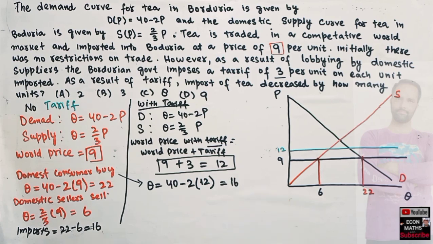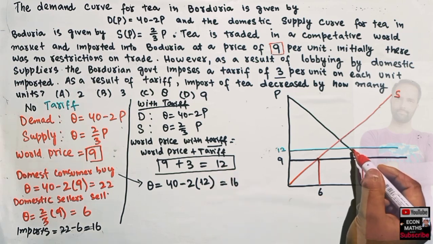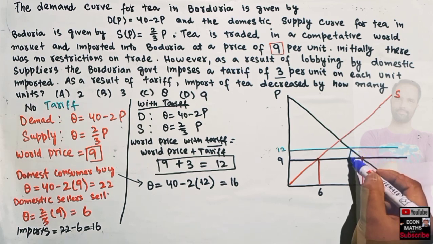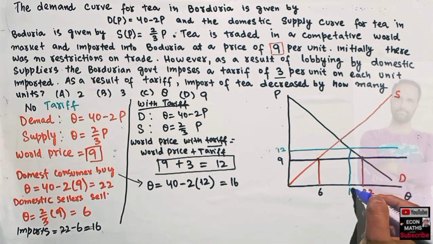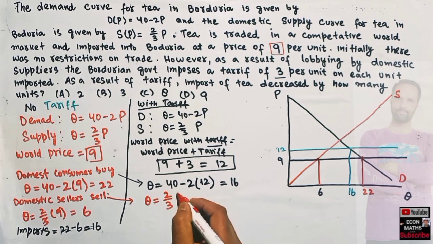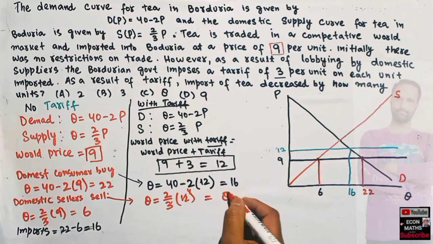So quantity demanded at the new price is 16. So 16 units will be demanded when there is an import tariff. And the quantity domestic sellers will sell is Q is equal to 2 upon 3 times the new world price of 12. 3 fours are 12, 4 twos are 8, which comes out to be 8.